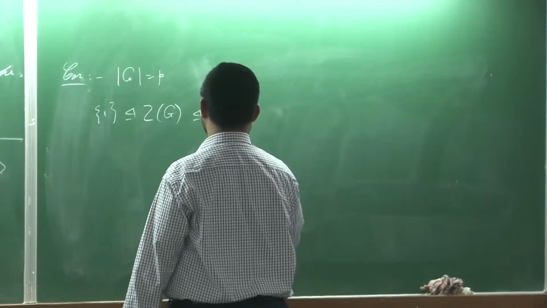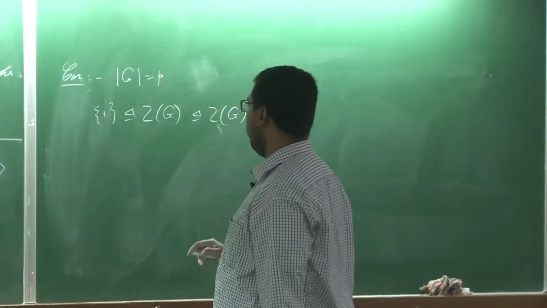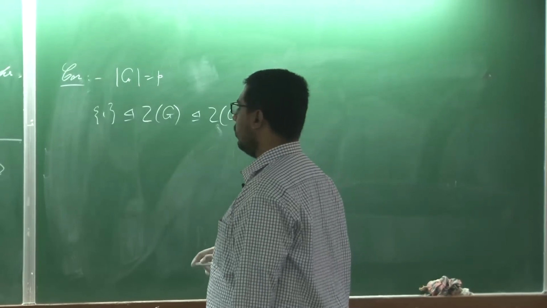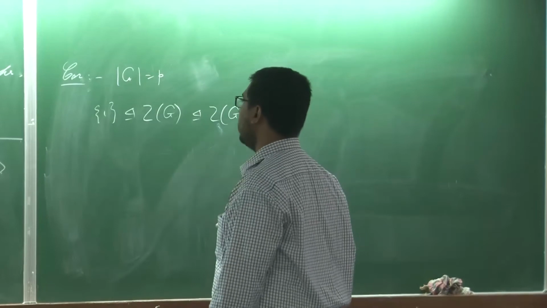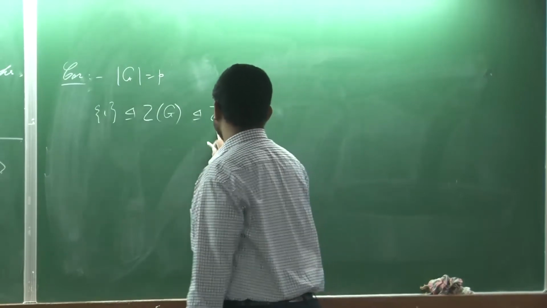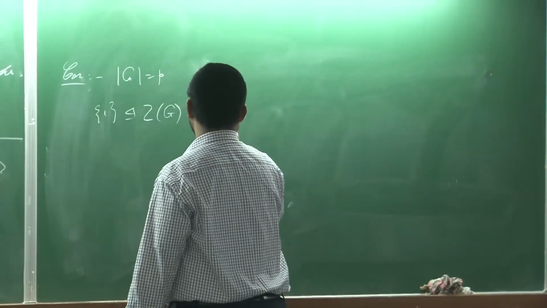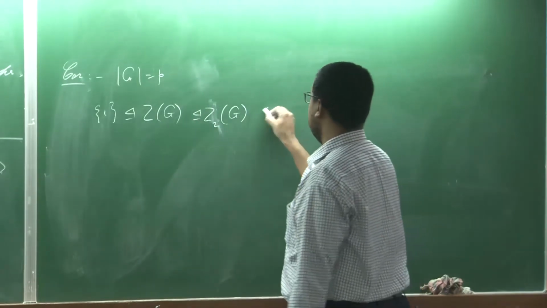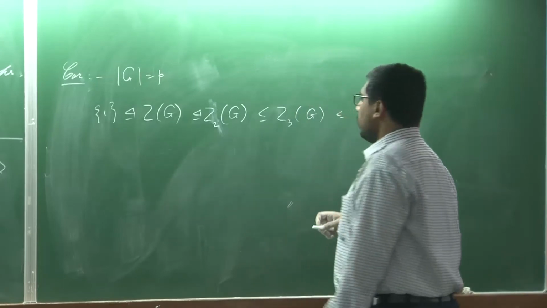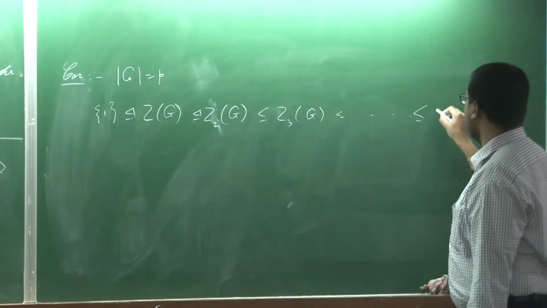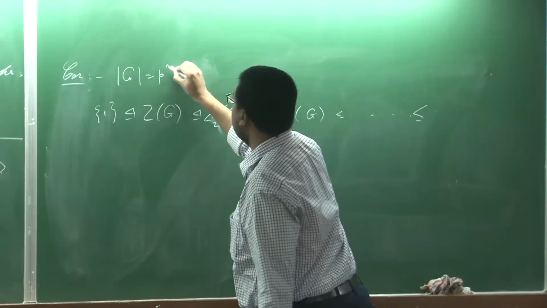So this is what we are having. I should consistently maintain one notation. So Z to Z2, then Z3, that's how it goes. Once at some point it has to stabilize.